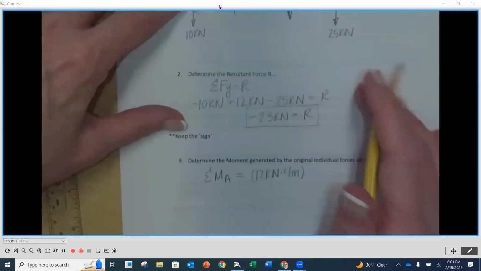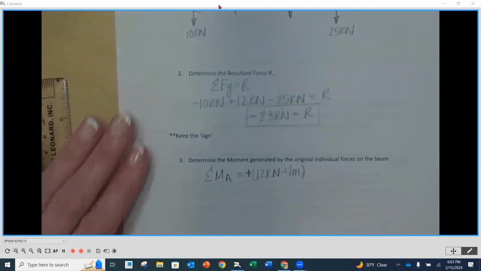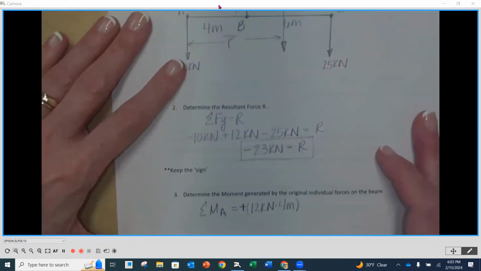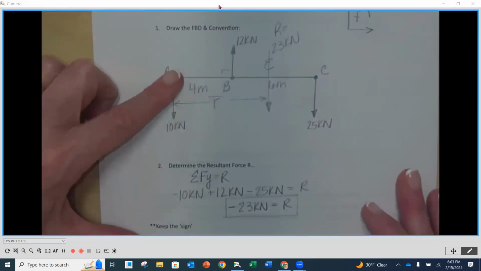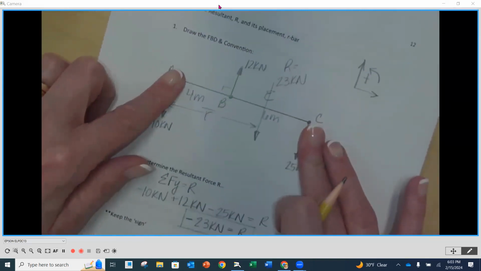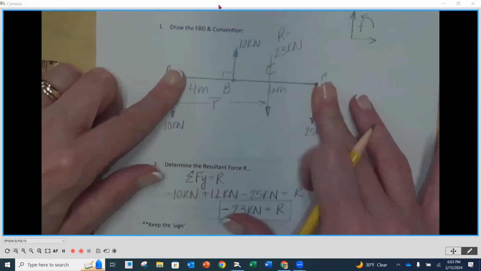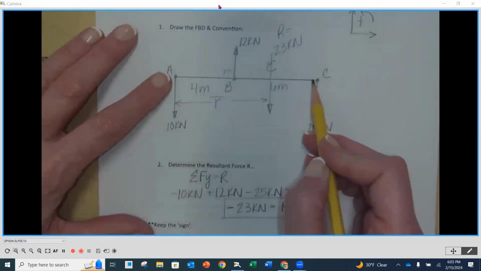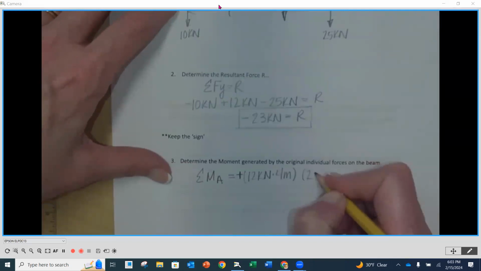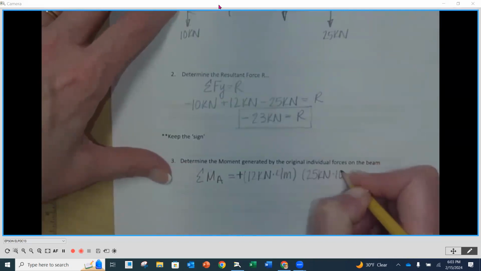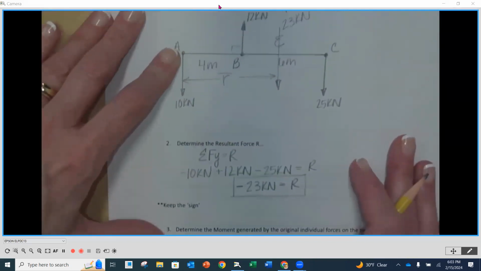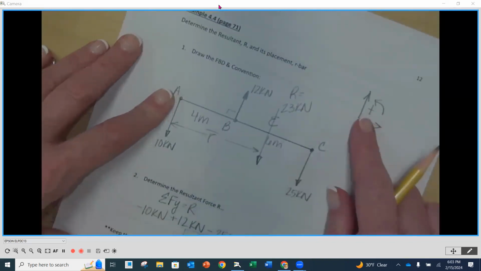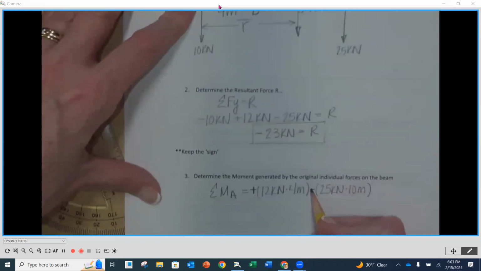So that's going to be positive. And then I've got one more force. Put my finger back on A, pull in the direction of C. That's going to be 25 kilonewtons times the full distance, 10 meters. And the direction that it rotates is going to be clockwise. So we're going to put a negative out front.